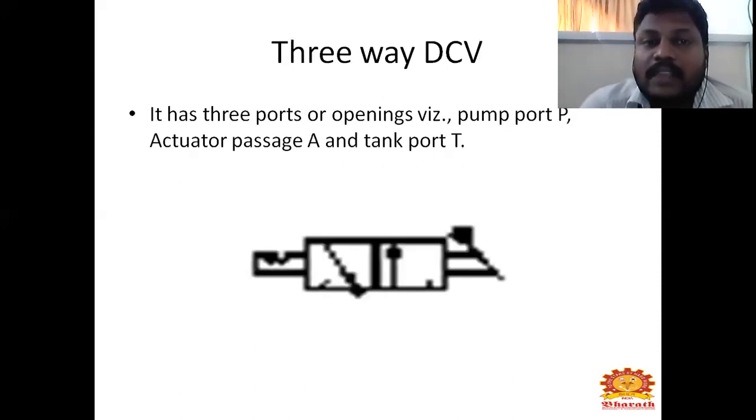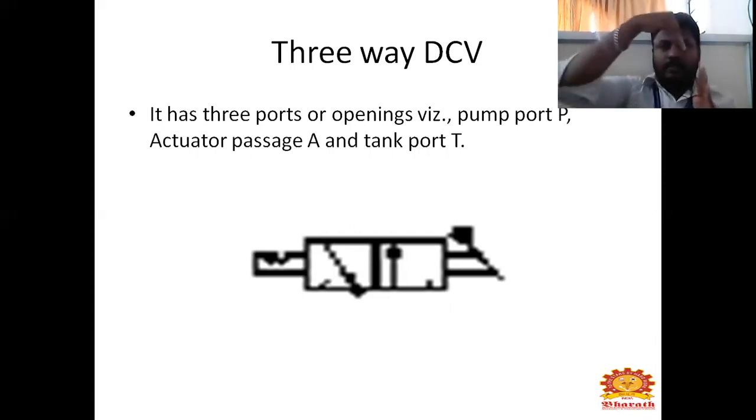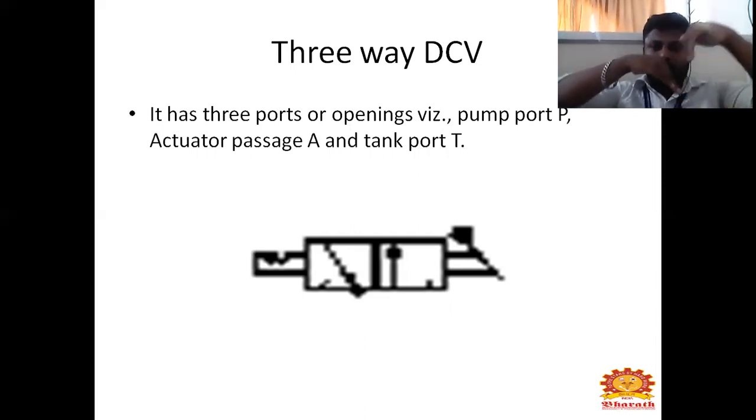Next one is your three-way valve. What is a three-way valve? It has three ports or openings, that is called a three-way valve, and the opening is port P. Here you can see that, and same as the two-way valve, you will be having ports. In the first position, the fluid is coming from this position to this one. If the position changes, the flow changes.